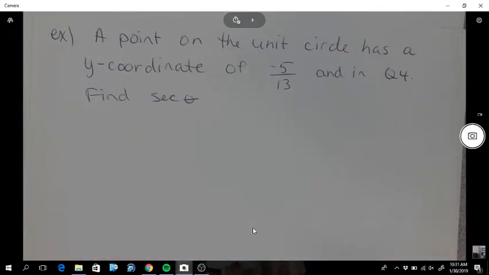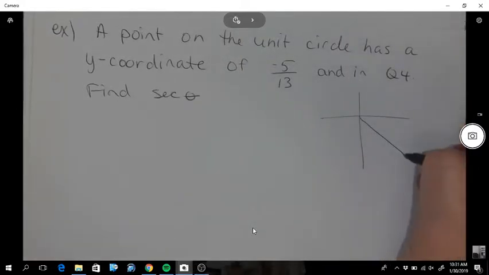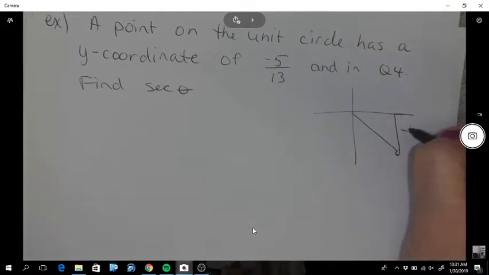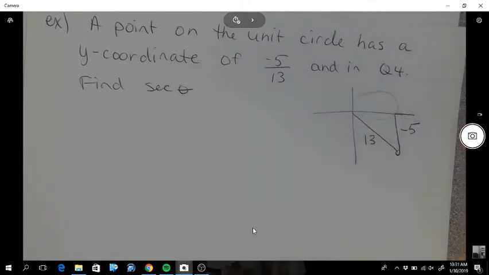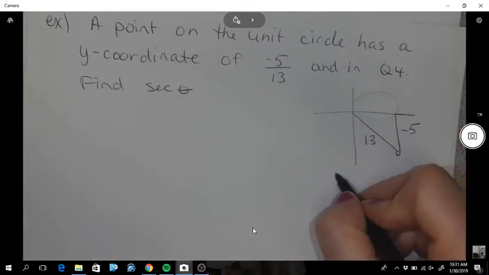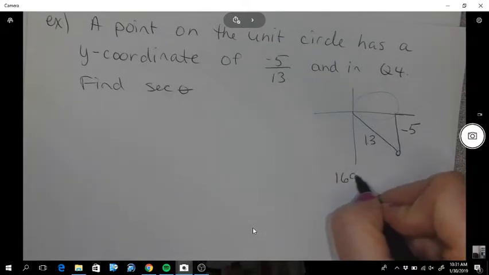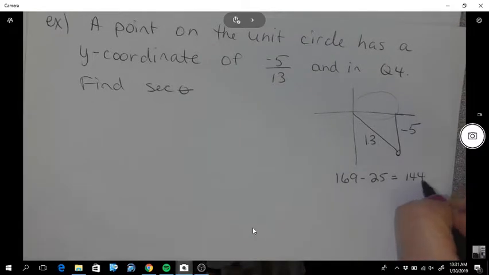Okay, so we're in quadrant 4. So now I'm going to do that as my y, my r, and I need to find my x. Okay, so 13 squared minus 5 squared is 144. So this is going to be 12.